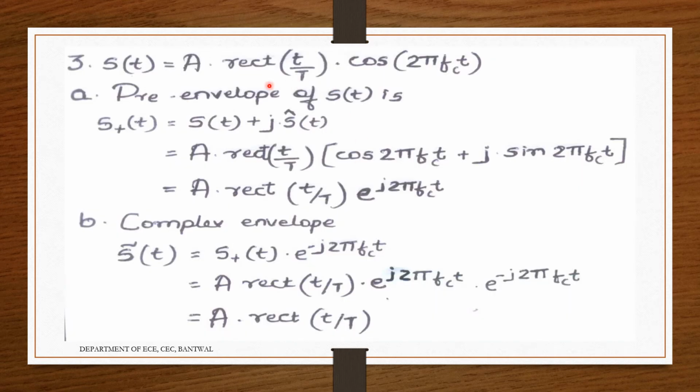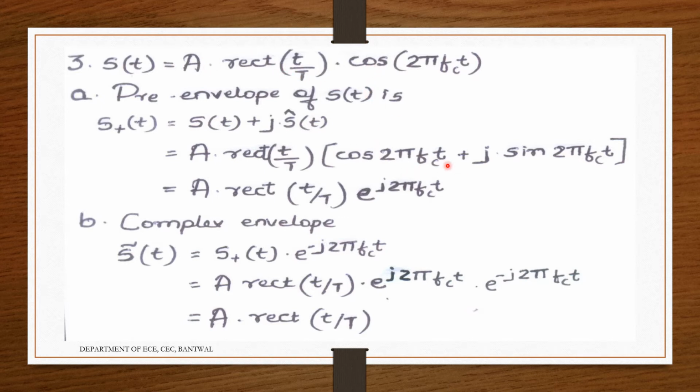Next one, s of t is equal to A into rect of t by capital T into cos 2 pi f c t. The pre-envelope of s of t, s plus of t, is equal to s of t plus j s cap of t. That is equal to A into rect of t by capital T, taking A as a common factor because it is not going to change here.